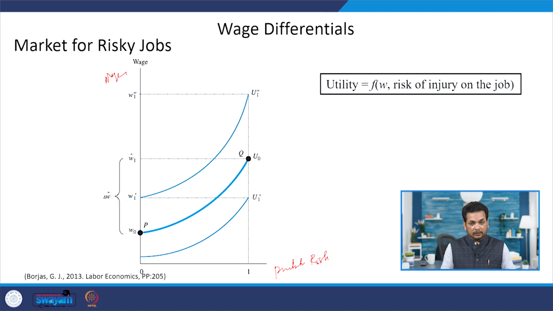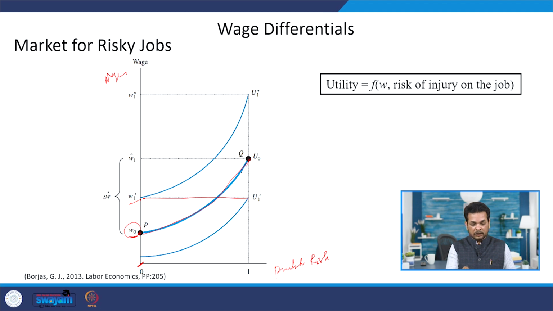Now, at a particular level of wage rate, let us say W0, the utility associated with this wage rate is U0, and the worker, let us say, prefers to be at point P because he prefers to work in a safe job, and working in the safe job getting the wage rate W0, his utility is U0.